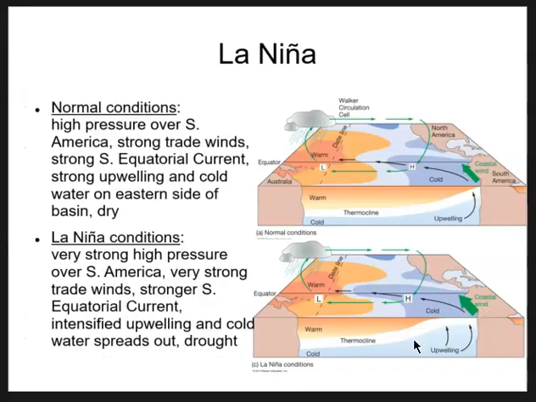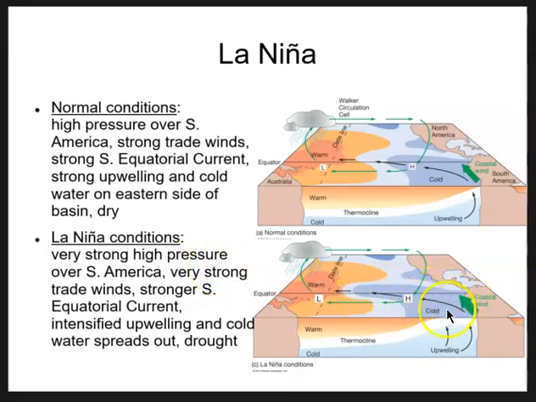Now a La Nina is the opposite. A La Nina is really just like normal conditions that are intensified. So normal conditions are high pressure over South America, and a La Nina is going to be very high pressure over South America, and it's going to result in stronger trade winds. They're going to be blowing harder, and that means that the equatorial currents are going to be stronger.